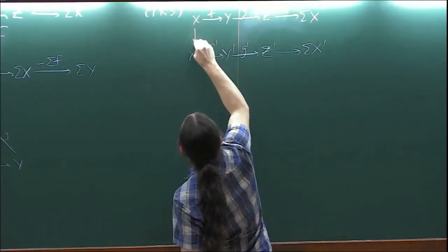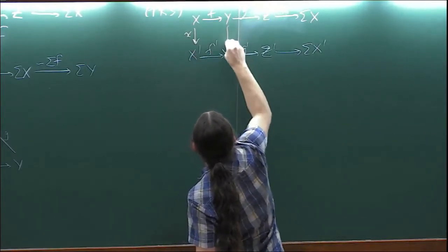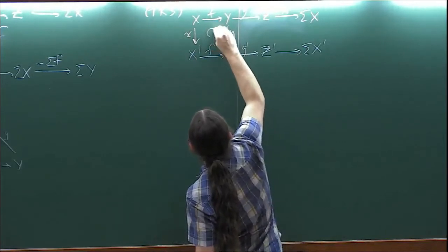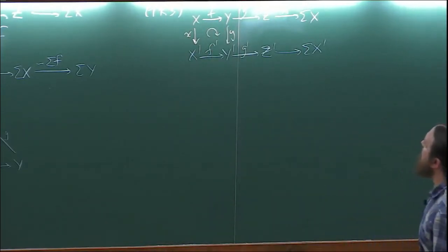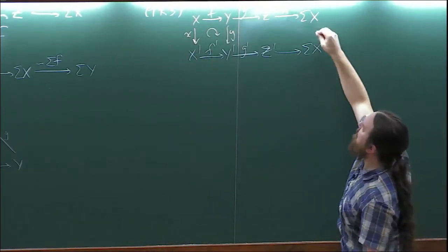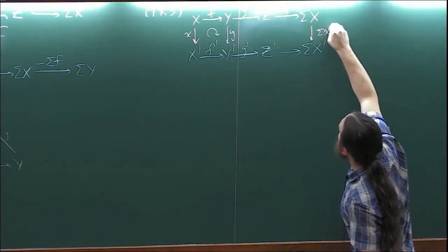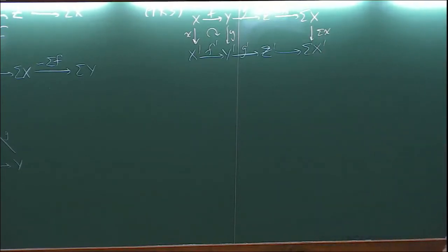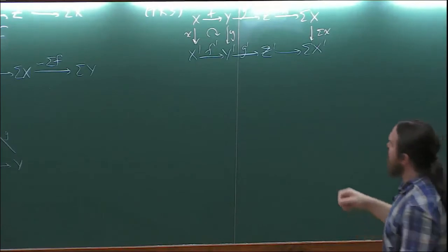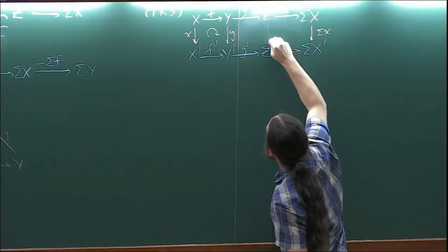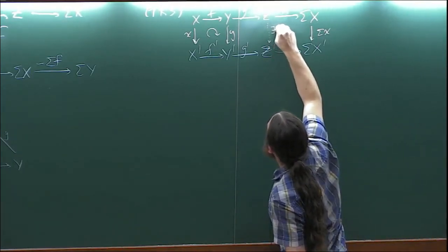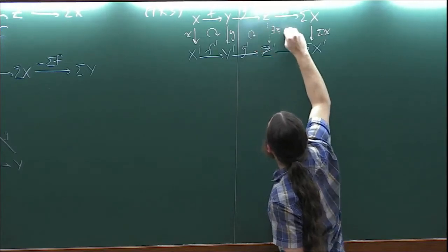And say I have morphisms small x and small y, such that this diagram commutes. And so I can deduce a morphism here, which is the suspension of small x. Then there always exists a homomorphism small z such that the diagram commutes.